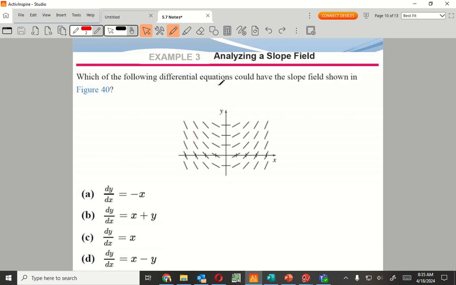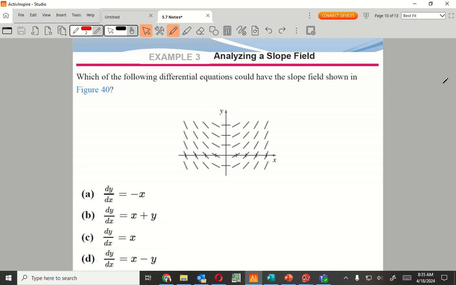Which of the following differential equations could have the slope field shown below? Now, remember what I was telling you. I told you to write it down. Some people did not because they zoned out.